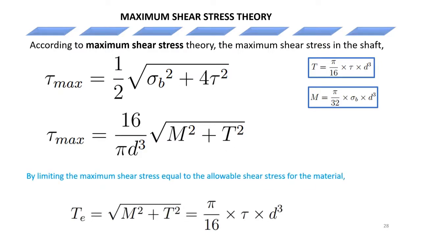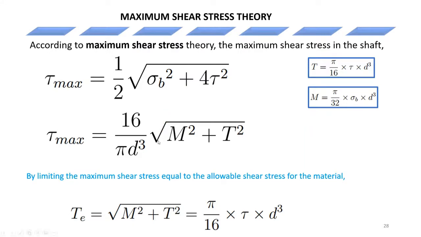Alright, then if we limit the maximum shear stress to be equal to the allowable shear stress for the material, then we are going to have this. And bear in mind that this expression here, the square root of the bending moment square plus the torque square, is known as the equivalent twisting moment.